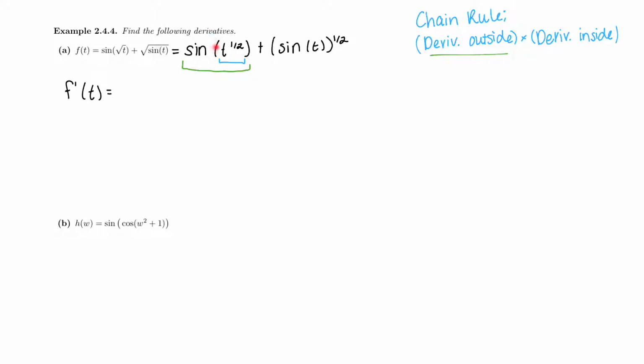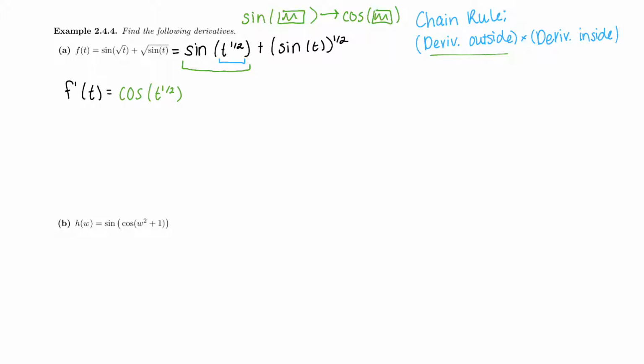So the derivative of the outside, so if I look at the outside function, it is sine of stuff. I can really look at it as just like sine of, I don't really care. So the derivative of sine of whatever, derivative of sine is cosine. And you leave the inside part alone. All right, so whatever is in here stays in here. You don't take its derivative. So this would be cosine of t to the 1/2.